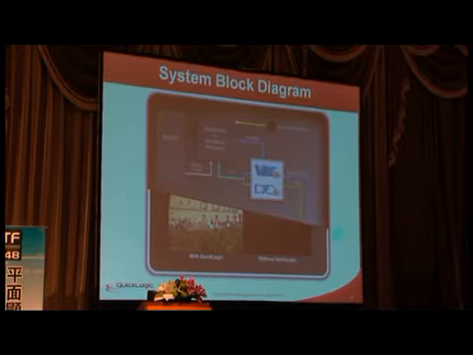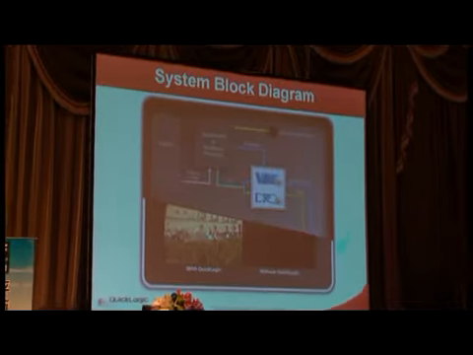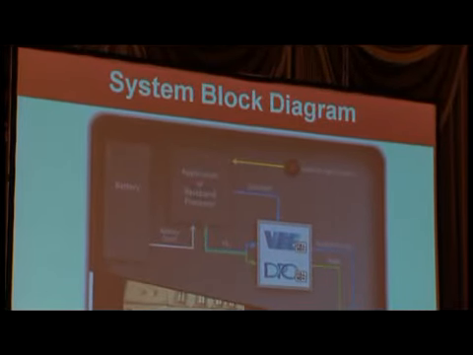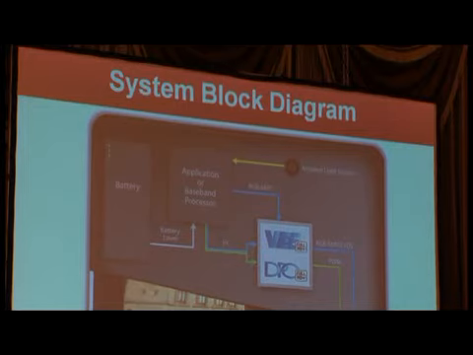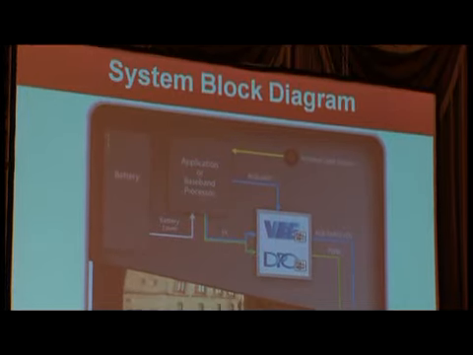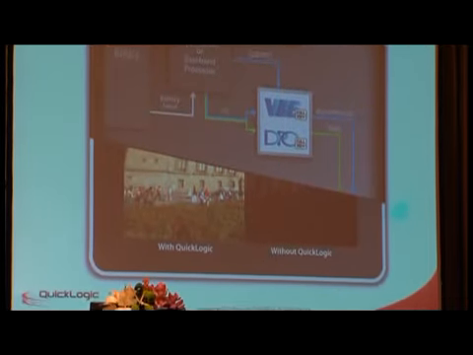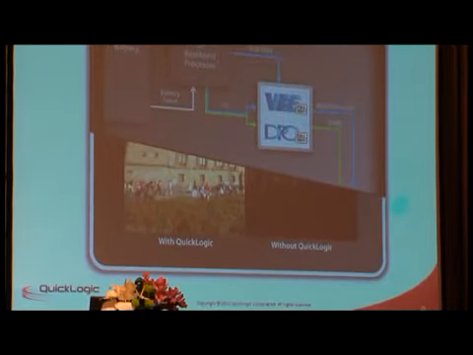We then output the RGB, the MIPI, or the LVDS signal to the display, and we can do the PWM control of the display directly if that's how the OEM would choose, or we can control the PWM through the I²C interface. We receive ambient light data for our VEE algorithm to process through the onboard system as well.